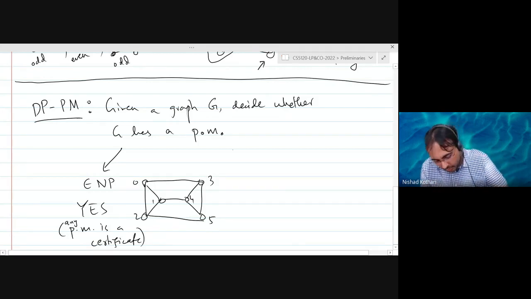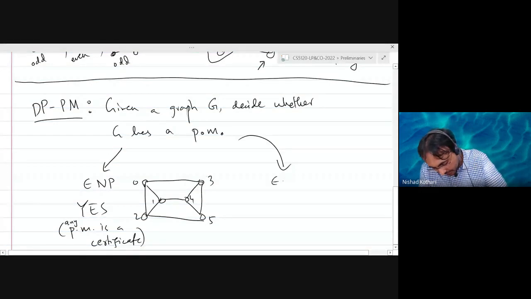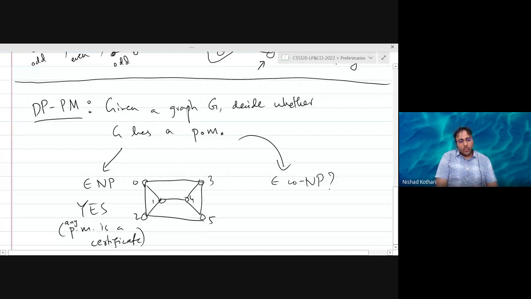Now I want to ask you, what about co-NP? How would you convince your friend that a graph does not have a perfect matching? Supposing I give you a graph on, I don't know, 20 vertices, right?